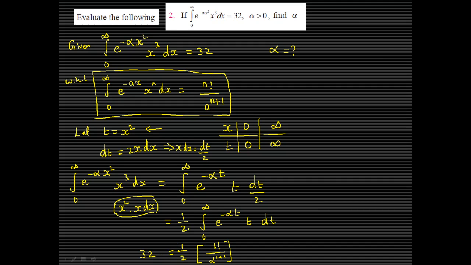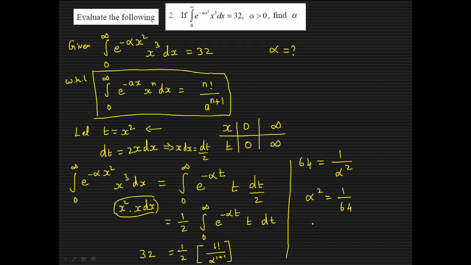So we'll bring this 2 to this side. So it is 64, which is equal to 1 factorial, which is 1, divided by alpha square. Therefore alpha square is equal to 1 by 64.